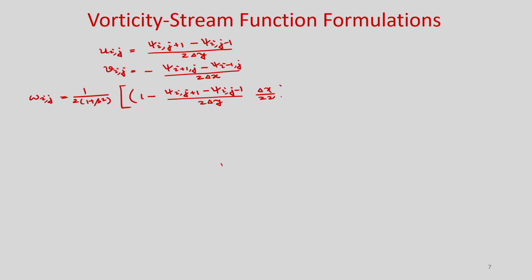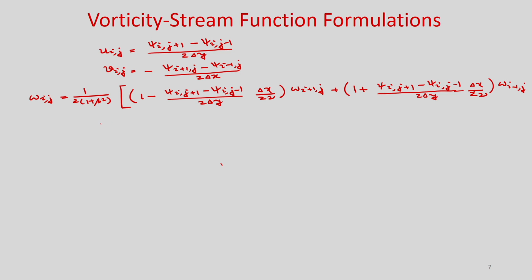Okay. So this is ω_{i+1,j}, then plus now the next term. So minus, so it will be plus. So (ψ_{i,j+1} minus ψ_{i,j-1}) divided by 2Δy, Δx by 2ν, ω_{i-1,j}.